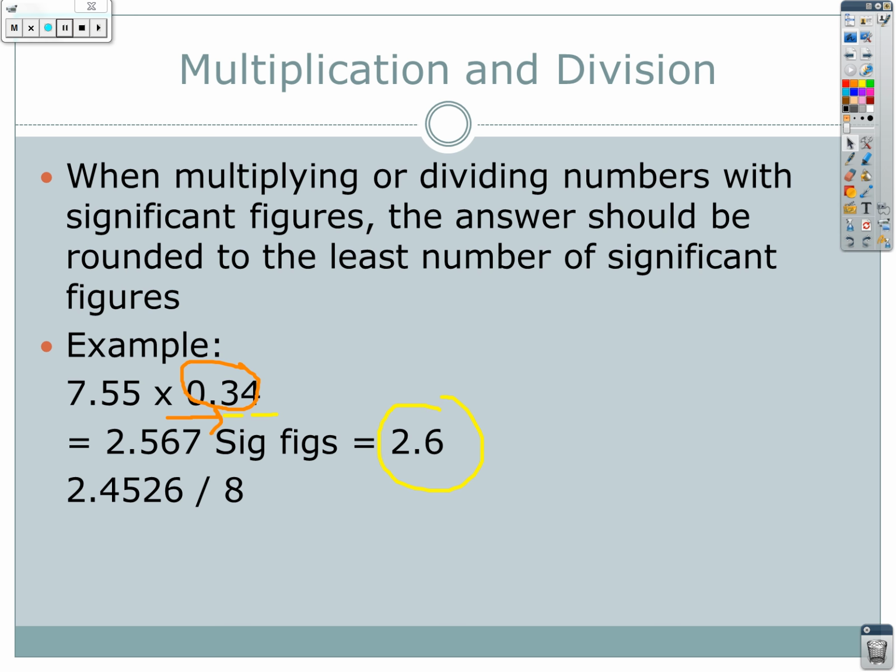Alrighty, so now that you've paused the video and calculated it, let's compare our answers. The answer is 0.306575. Using Mr. Lockett's hint, what is the least number of sig figs out here? And this one you don't even need a hint for. 8 only has 1 sig fig. So we need to write the answer as 1 sig fig.